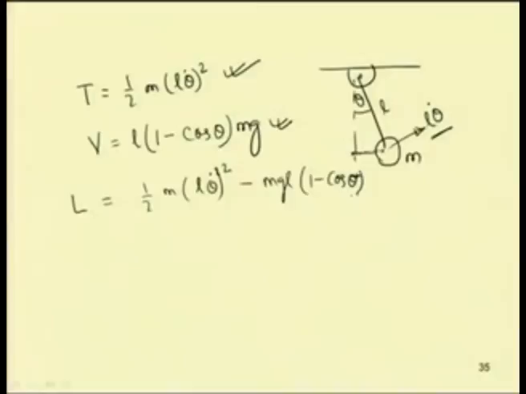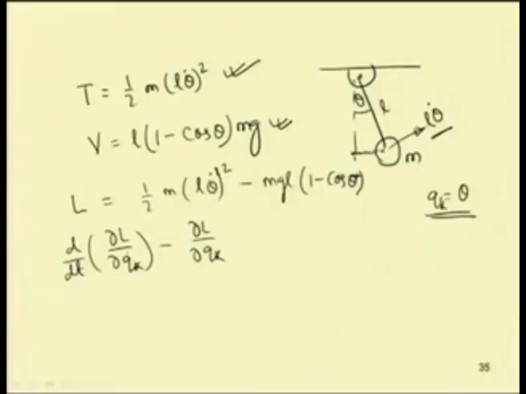Either one can use the extended Hamilton principle or the Lagrange principle to find the equation of motion. Using the Lagrange principle, I can write d by dt of del L by del q k dot minus del L by del q k, where q k equals theta and q k dot is theta dot. As no damping or external force is considered in this system, this will be equal to 0.